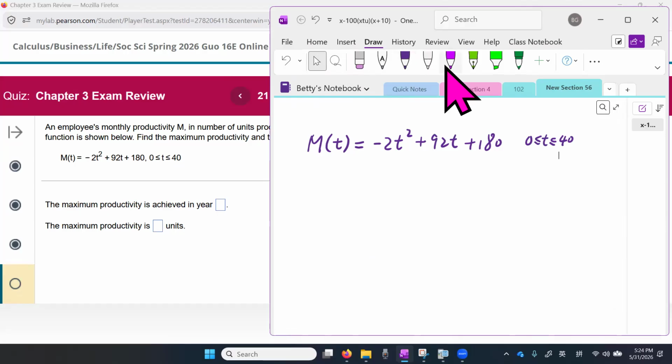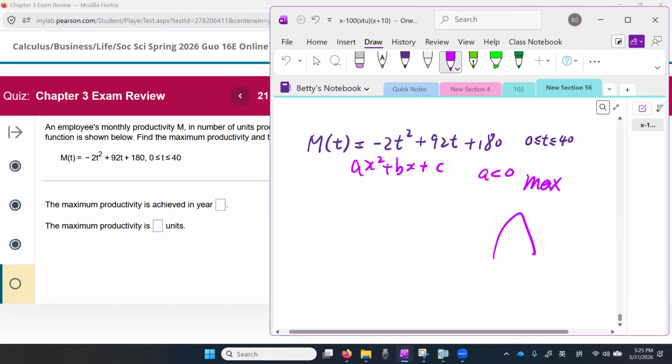I'm saying if you remember the quadratic formula, ax squared plus bx plus c, when a is less than 0, it has a maximum. How do you find it? We know it's going to be like this, right?